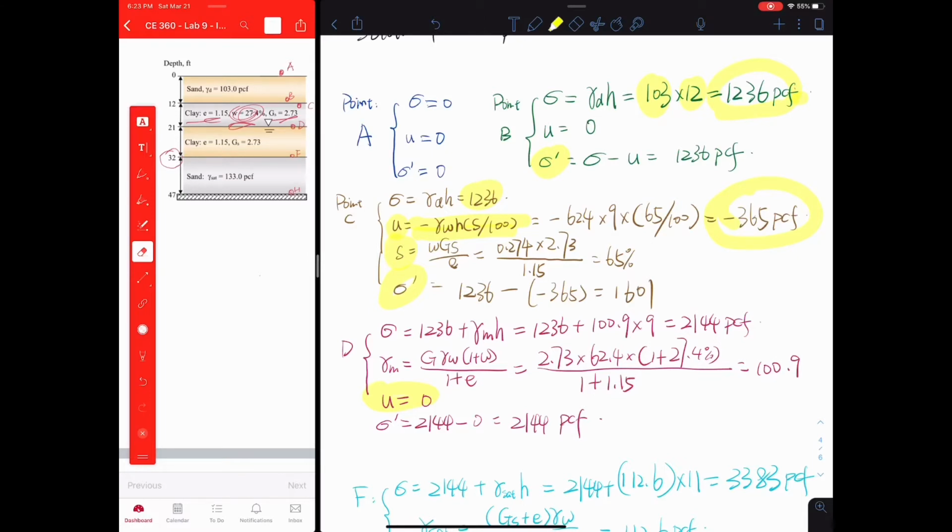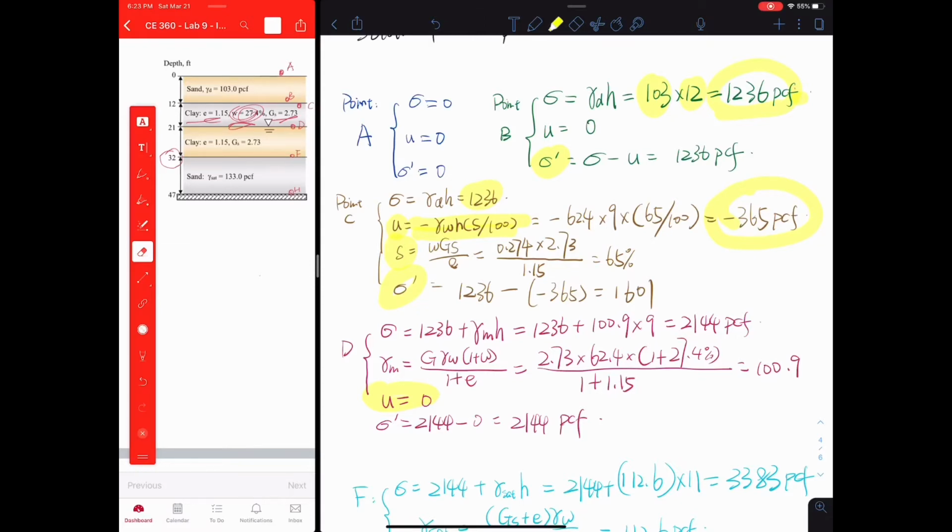We use the moist unit weight, gamma m, multiplied by the depth of the second layer. The depth of the second layer we can see from the figure, which is 21 minus 12 equals 9. And the moist unit weight is not given.